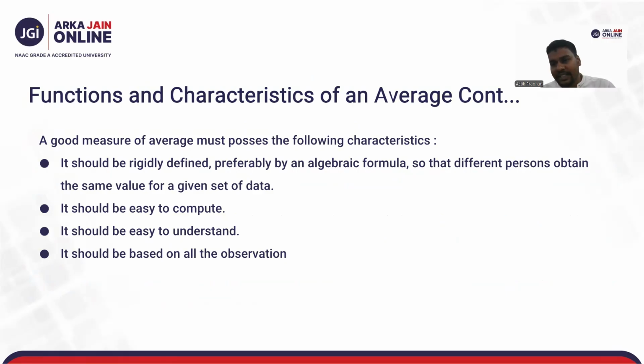Now we have discussed a few of the functions of averages. Now it's time to discuss some of the characteristics of average. So what are the possible characteristics of an average?